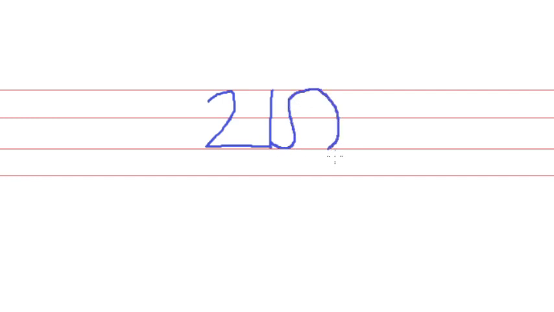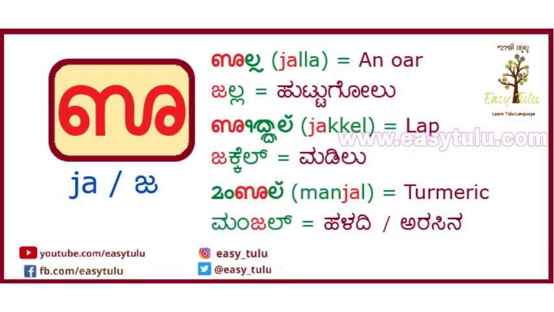Cha. Next one is Ja. Examples: Jalla. Jalla means an oar. Huttugolu in Kannada.